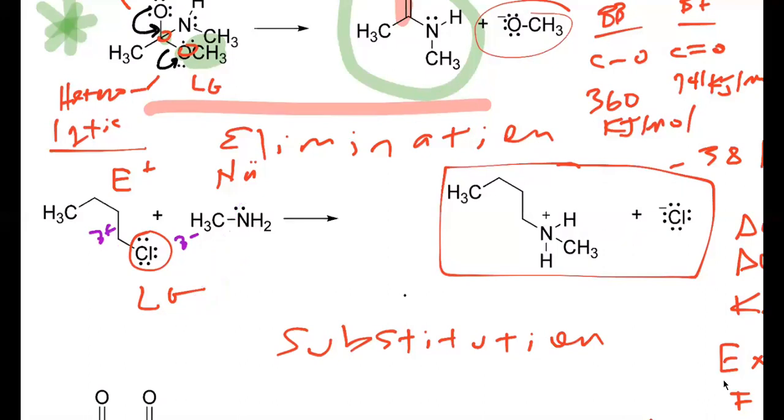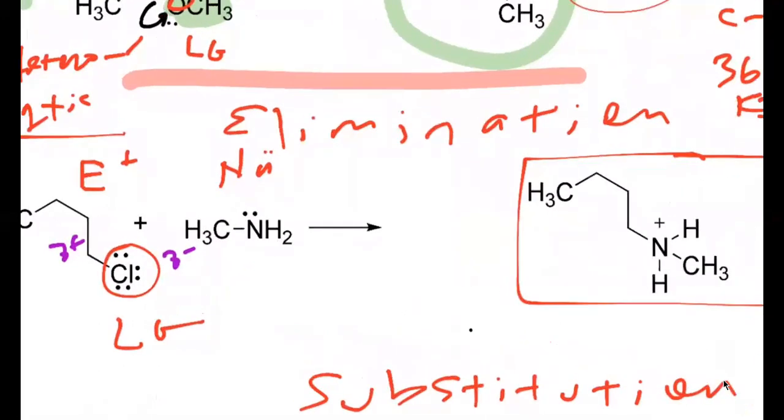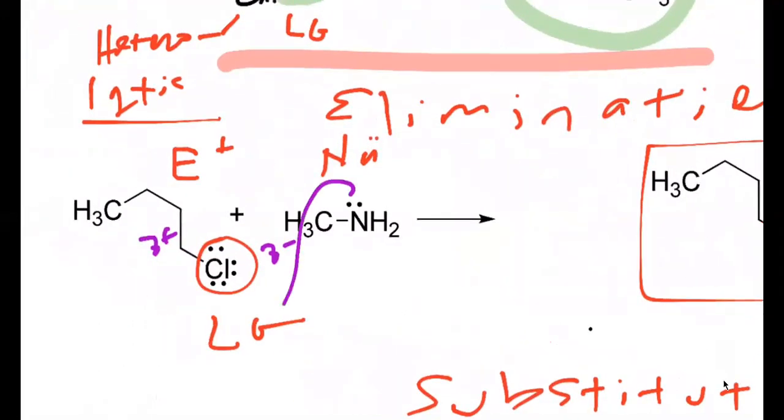And what type of arrow is that? Is it single or double-headed? Double-headed. Why? Because I'm moving a pair of electrons. I'm not moving one electron. I'm moving two electrons. So that lone pair on nitrogen is going to be used to make a sigma bond between nitrogen and carbon.